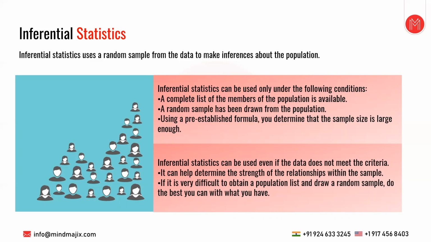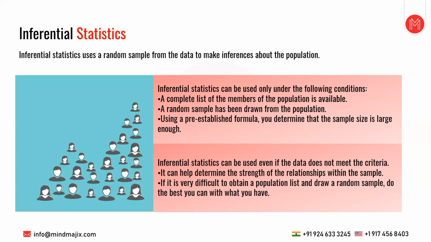Inferential statistics uses a random sample from the data to make inferences about the population. Inferential statistics can be used only under the following conditions: a complete list of the members of the population is available, or a random sample has been drawn from the population. Using a pre-established formula, you determine that the sample size is large enough.